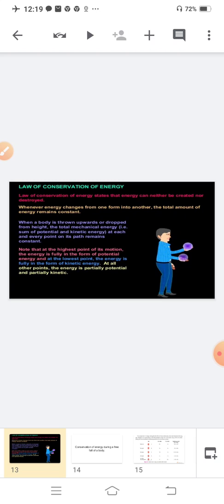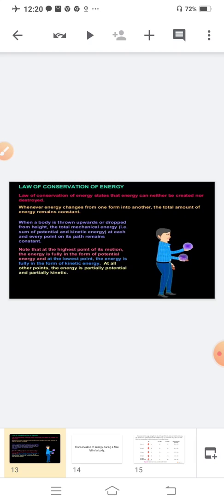Is this clear? During conversion of energy from one form to another, some energy may be wasted. For example, when electrical energy is converted into light energy in an electrical bulb, some electrical energy is wasted in the form of heat.